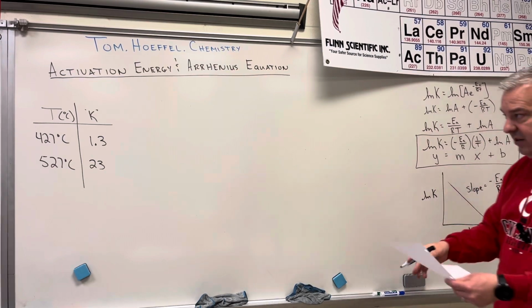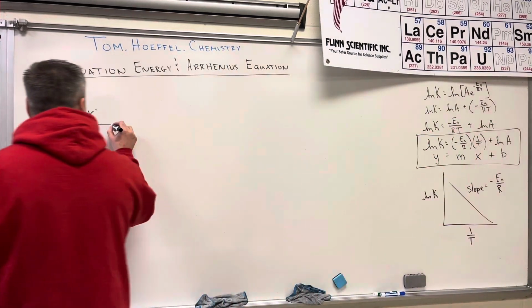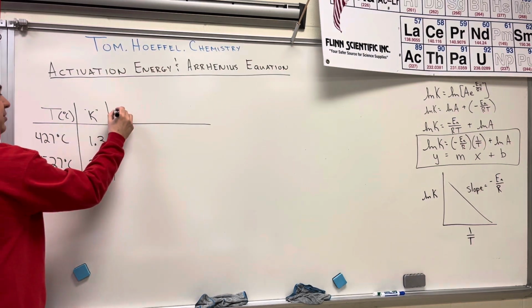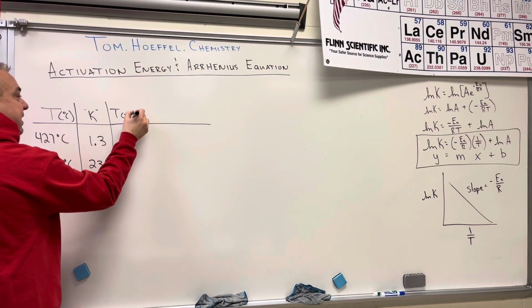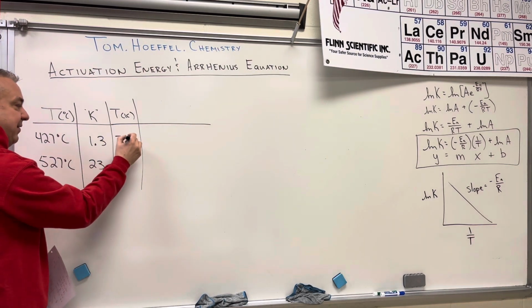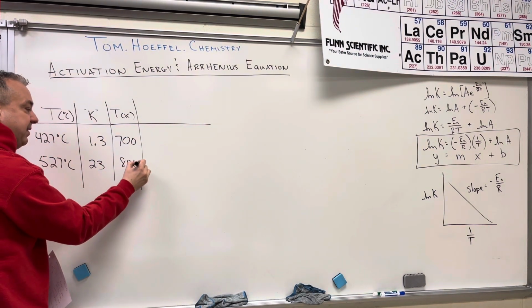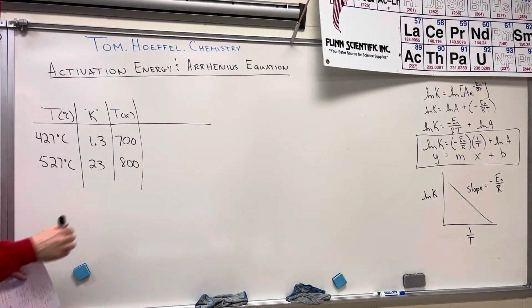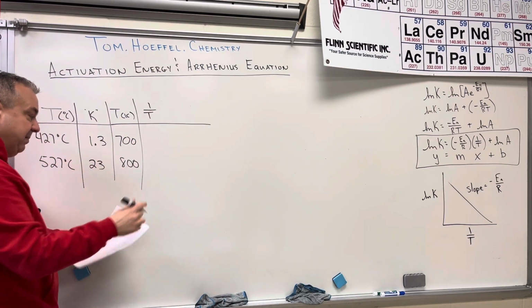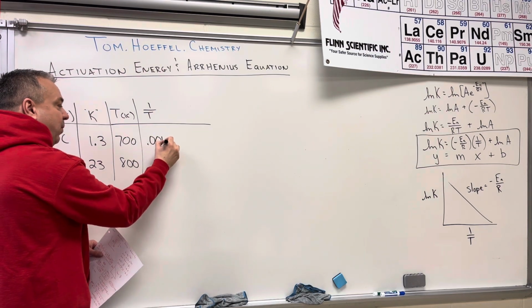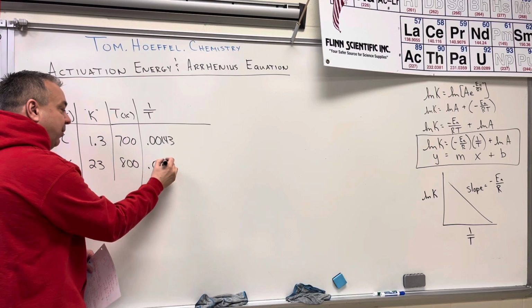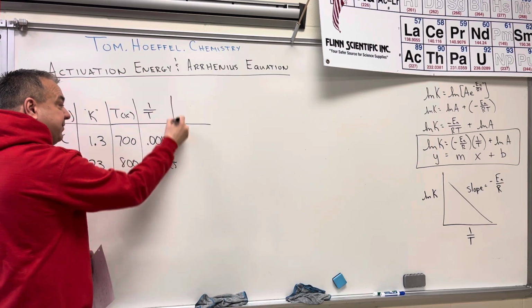Okay, so the first thing that I'm going to do is get this temperature into Kelvin instead. So I'm going to add 273, and when I do that, I get 700 and 800 respectively. And then if I take the inverse temperature, that's going to come out to be 0.00143 and 0.00125 respectively.